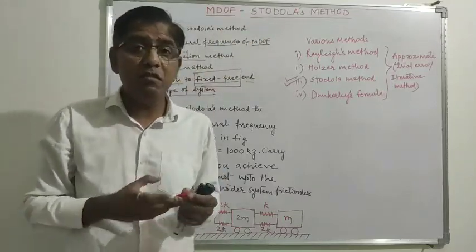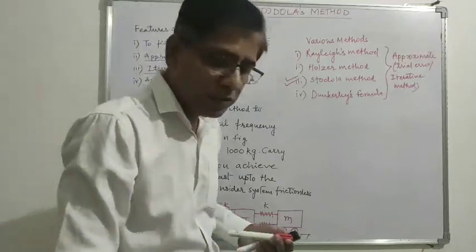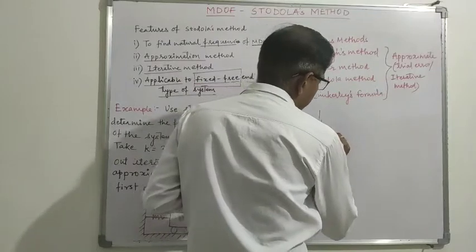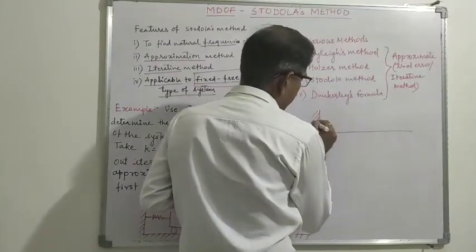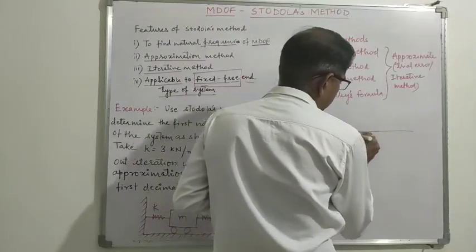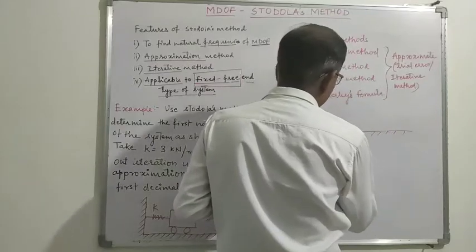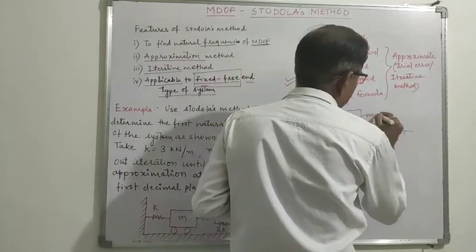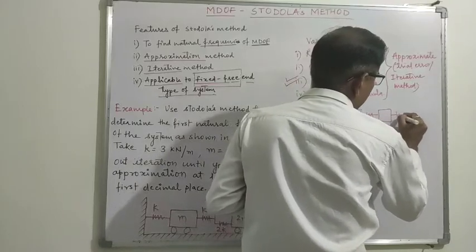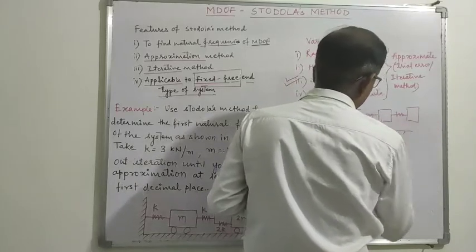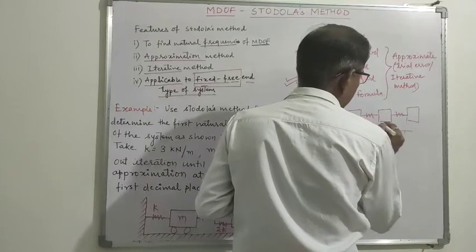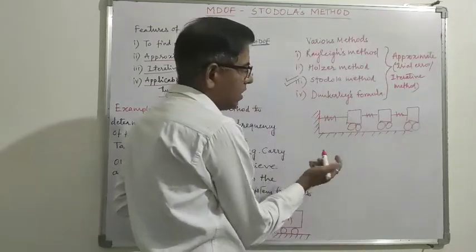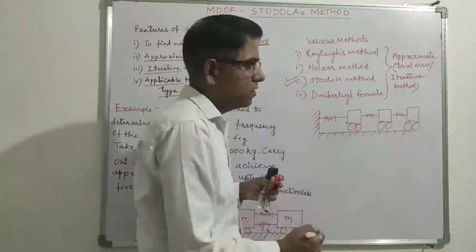Now what do you mean by fixed free end? So we'll see fixed free end. In this system, this is a 3 degree of freedom system.